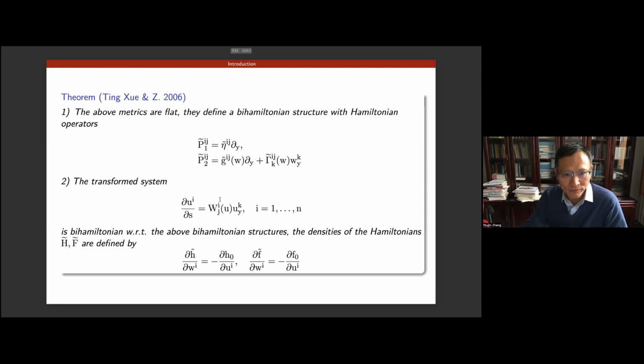So the transformed integrable hierarchy can be represented as a bihamiltonian system by using these two Hamiltonian structures. This means that for a bihamiltonian structure of hydrodynamic type, after reciprocal transformation, the bihamiltonian property is still preserved.